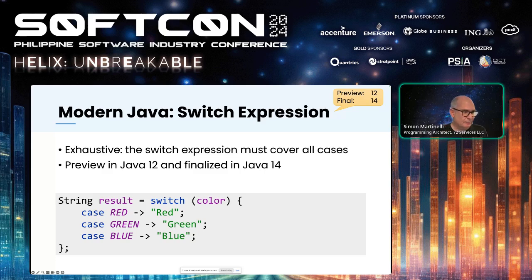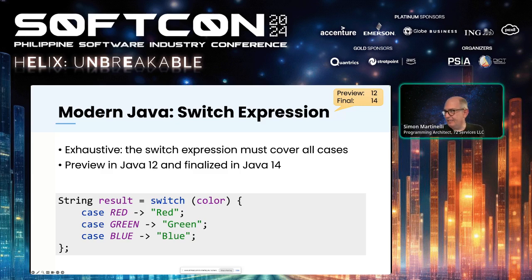Otherwise, you will get a compilation error. So that means my color is a bit limited. It just has red, green, and blue. And then we have, with the arrow sign, the return value or the yield value, which will be red, green, or blue.